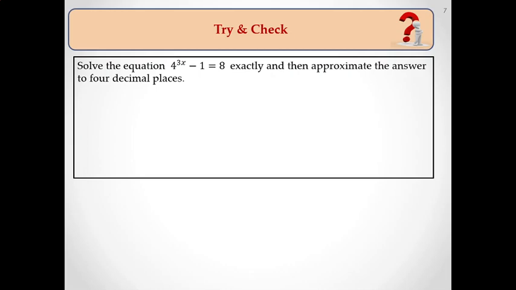Be careful here. This -1 is not in the power. It's just here. So the first thing is to isolate the exponential term. 4 to 3x is equal to 8 plus 1, which makes 9. So 4 to 3x. How can I get rid of 4?